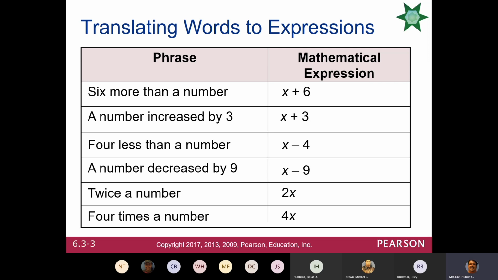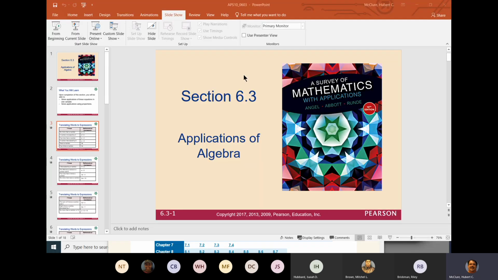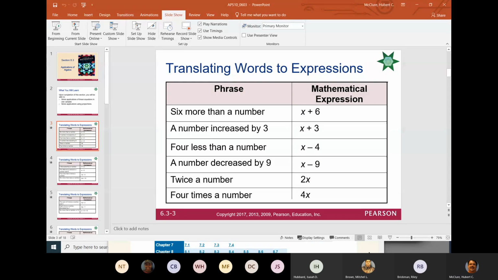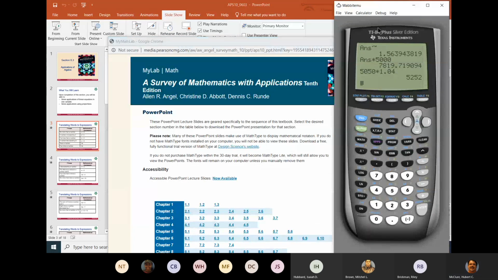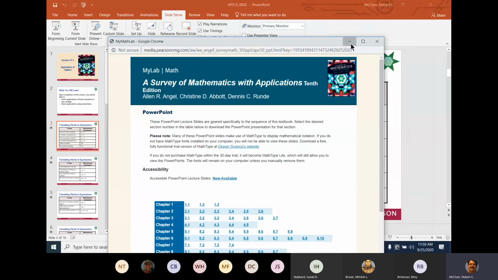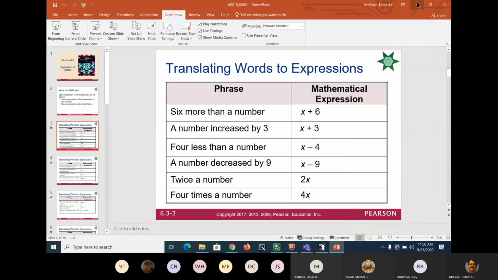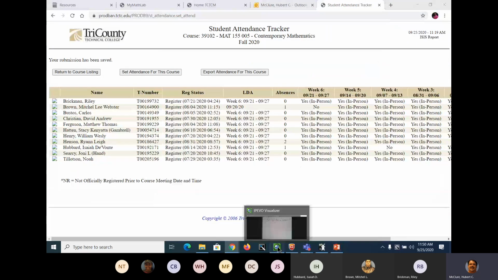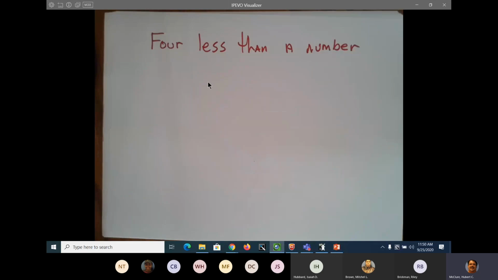When you see 4 less than a number, I want you to make sure you do the following. It doesn't matter with more than a number, because more than is addition, and addition is commutative, meaning that it doesn't matter which way you do it.